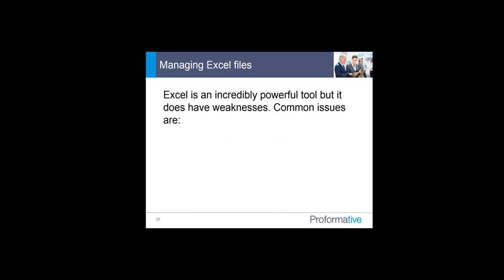So I hope I've been able to demonstrate to you that Excel, if you build it in a methodical way and with some good structure to it, it's an incredibly powerful tool. But it does have significant weaknesses, and they can really undermine what we're trying to achieve as we go through the budget process. First one is managing the workflow, the handover of files backwards and forwards between people.